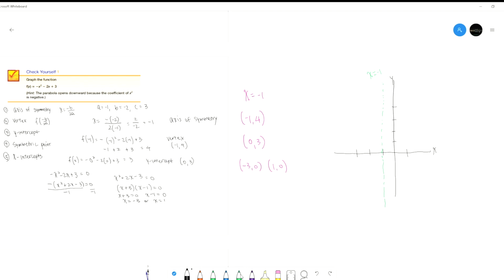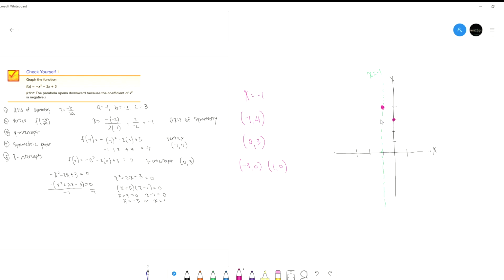Okay, now with my other, okay, let me plot the vertex, -1, 4. -1, 4 is right there. 0, 3 is right there.